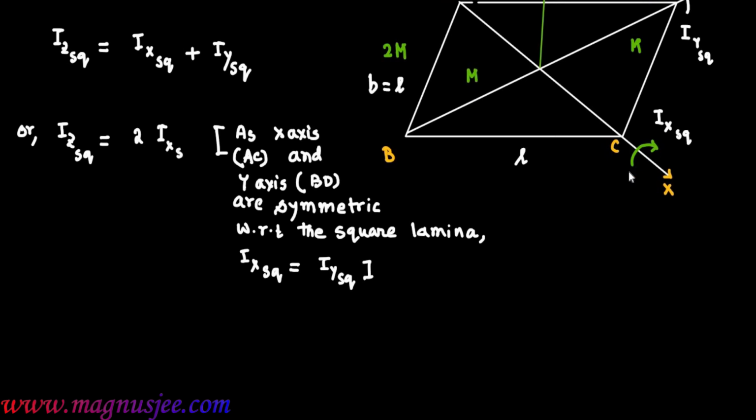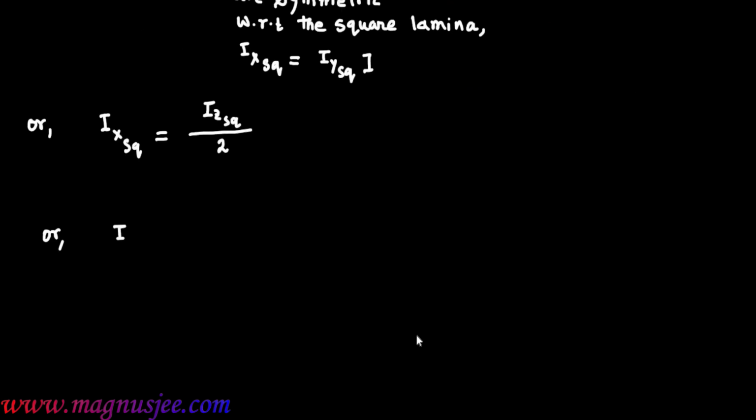So I_X,SQ is equal to I_Z,SQ divided by 2, that is mL square by 3 divided by 2. Therefore I_X,SQ is equal to mL square by 6.